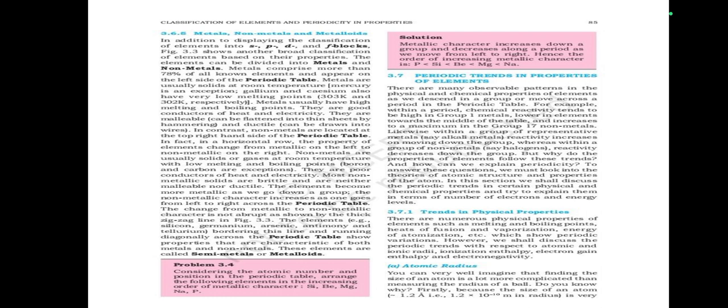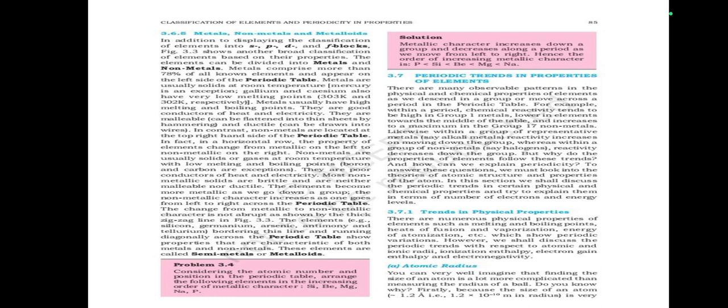The metals are usually solids at room temperature. Mercury is an exception. Gallium and cesium also have very low melting points, 303 Kelvin and 302 Kelvin respectively. Metals usually have high melting and boiling points, and they are good conductors of heat and electricity.